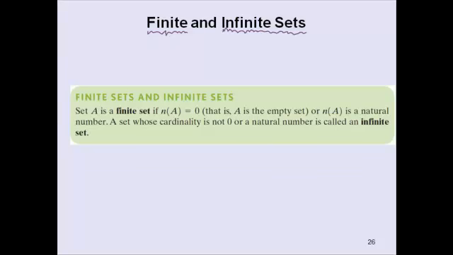Okay, so a set whose cardinality is not 0 or a natural number is called an infinite set. This might be a little bit confusing. If you read the book, it might be a little bit confusing. But hopefully you all realize that a finite set has a bound on it, okay?